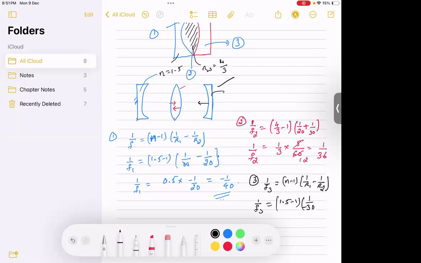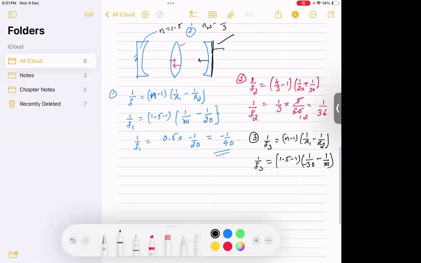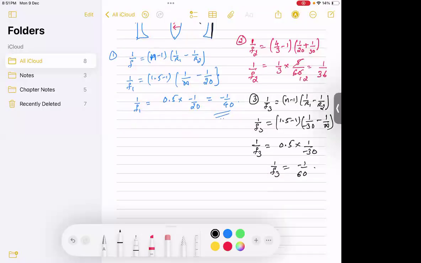And r2 value is infinity because it is a plane surface. So what is 1 by f3? That is 0.5 into 1 by minus 30. So 1 by f3 is equal to minus 1 by 60.